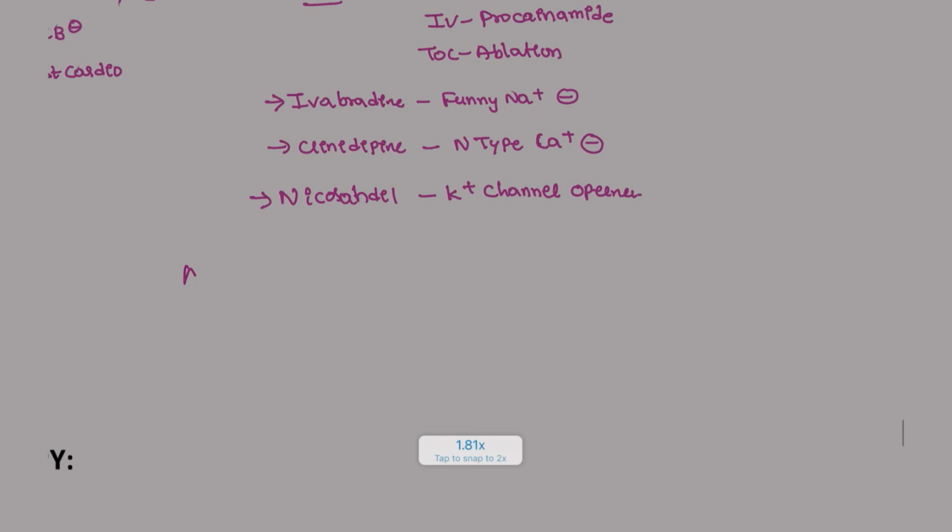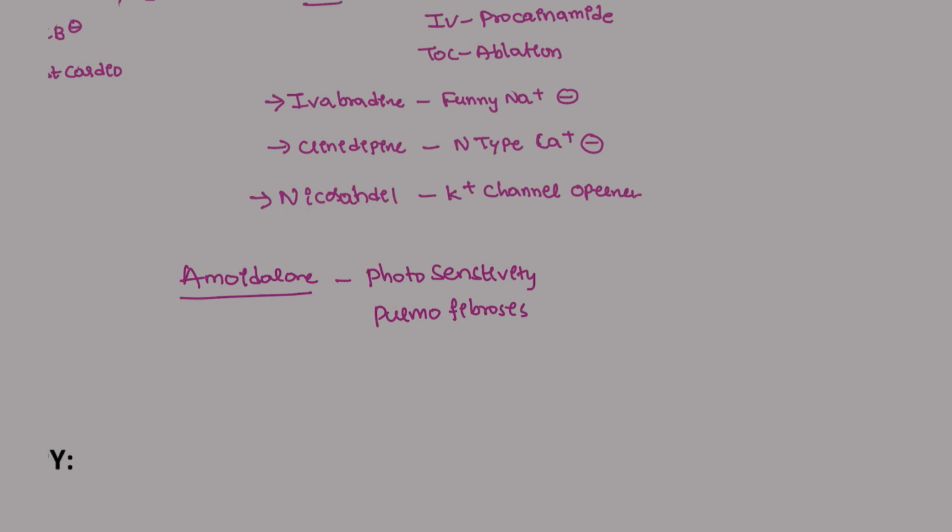Next, coming to the amiodarone side effects. What are the side effects of amiodarone? Mostly it is going to cause photosensitivity and pulmonary fibrosis is also seen.